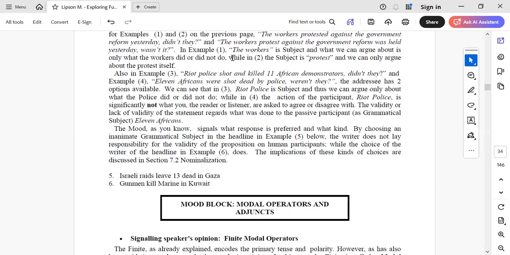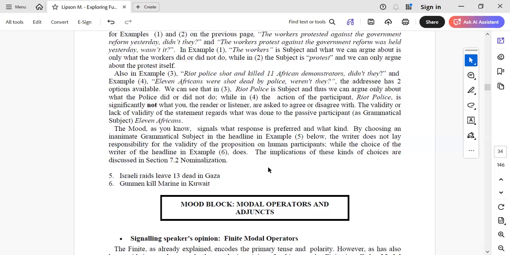So that inanimate thing has been kept as the grammatical subject, right? Why has the writer chosen this? Probably he doesn't want to hold human beings responsible for that, at least. Whereas in number 6, "Gunmen killed Marine in Kuwait," right? Here you can see that a human being is being held accountable. So what does that mean?